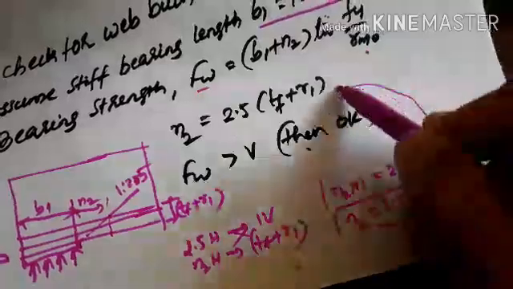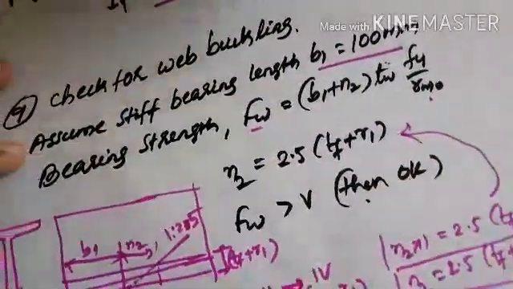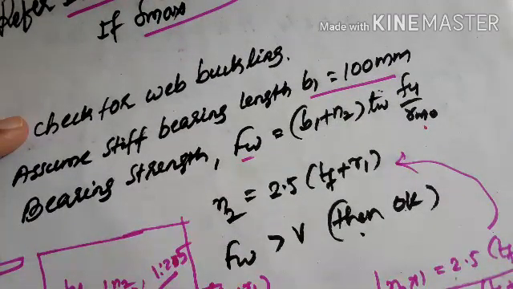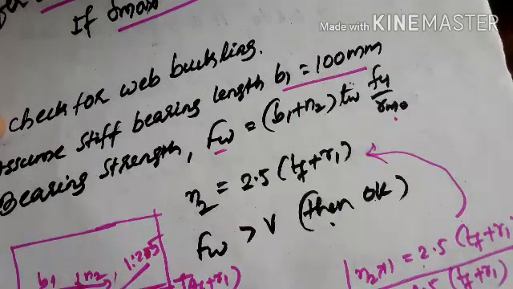This is the load dispersion generally taken for the bearing strength under the support condition. b1 is the stiff bearing given, then n2 is calculated based on the load dispersion at a slope of 1 to 2.5. For every 2.5 horizontal, the vertical is 1.